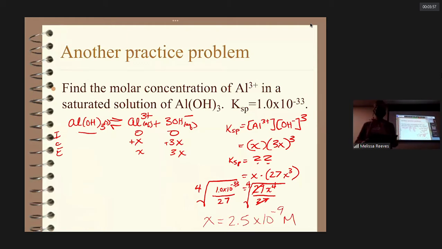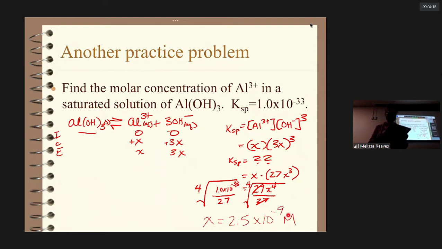We were looking at solubility problems. We were using the equilibrium constant known as KSP, which stands for solubility product constant. And we solved this problem with aluminum hydroxide solid to figure out how much aluminum ion and hydroxide ion was created in solution.